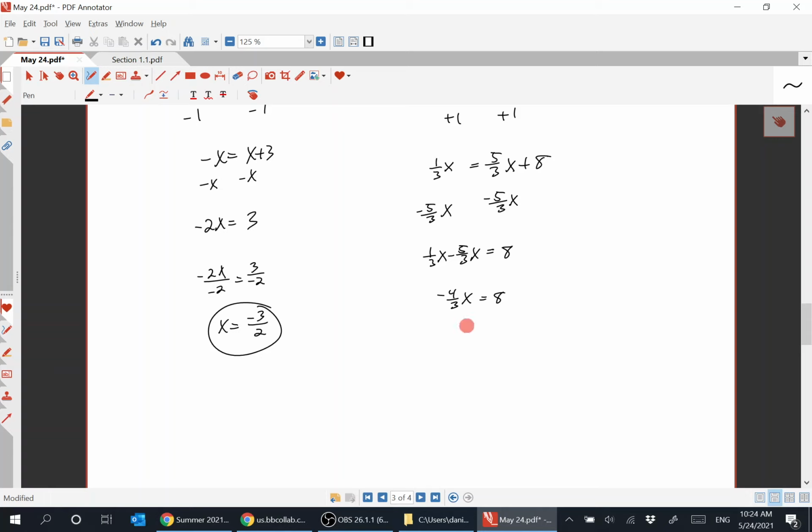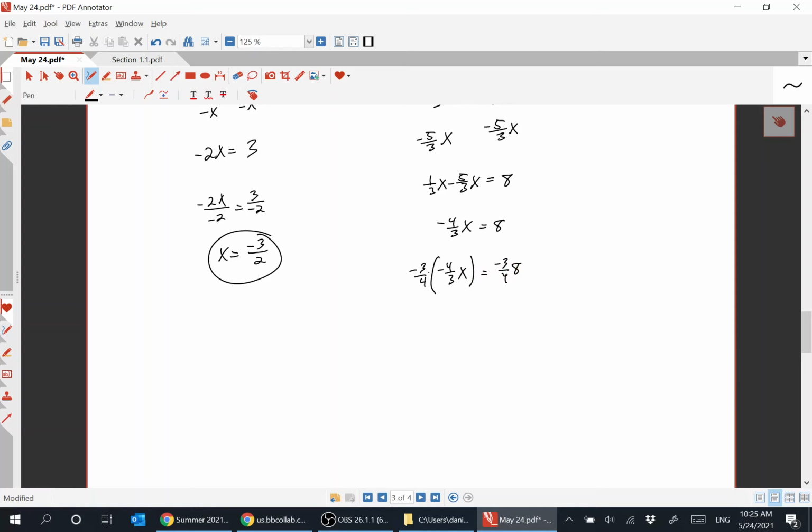All right, so now I could divide both sides by negative 4/3, but that introduces some extra steps. So what I'm going to do instead is multiply both sides by the reciprocal, which is the same as dividing, but it's a little bit of a cleaner expression. So minus 3/4 times 4/3 and minus 3/4 times 8.